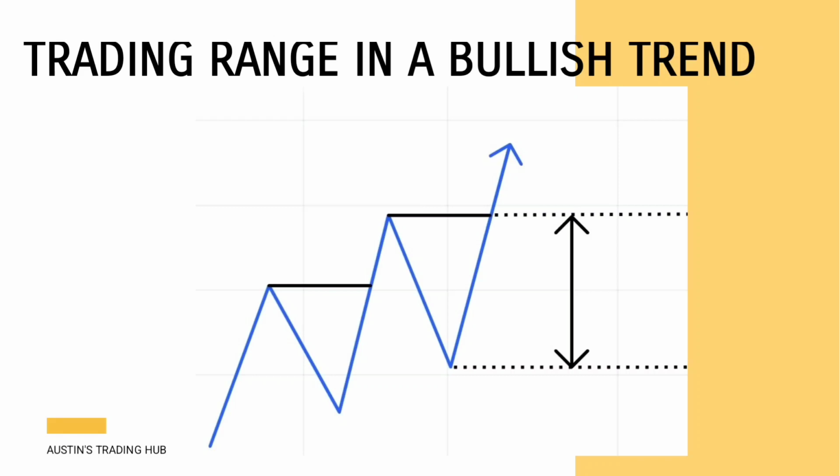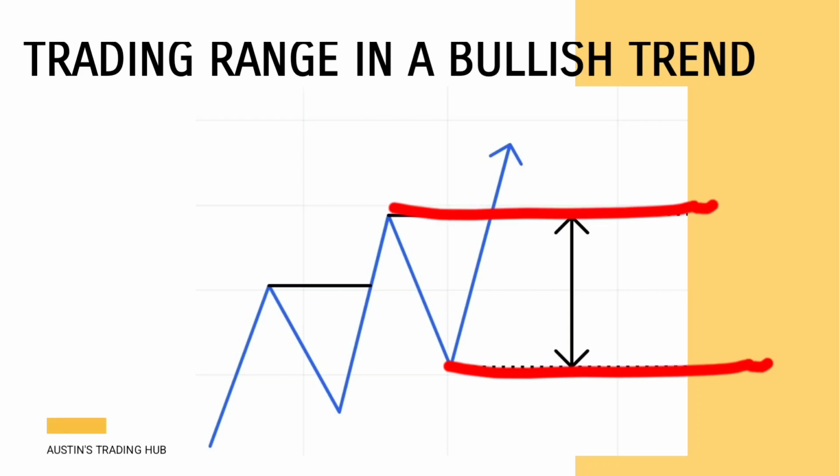The trading range is the space between the higher low and the higher high. In short, we can say that the trading range in a bullish trend is the space between the immediate higher low and the previous higher high. So the space between these two, higher high and higher low, is what we refer to as trading range.